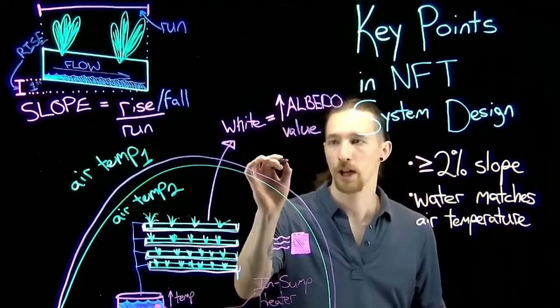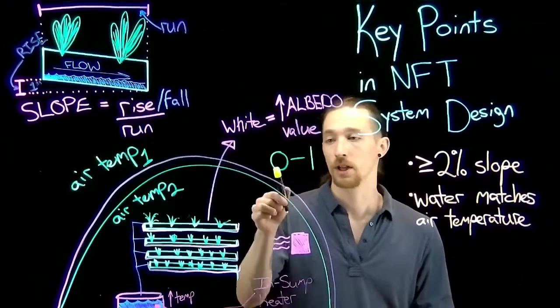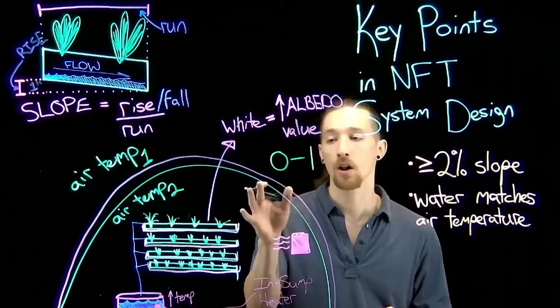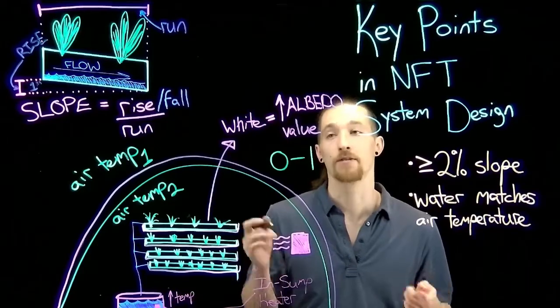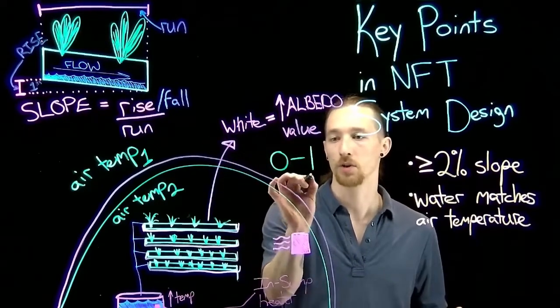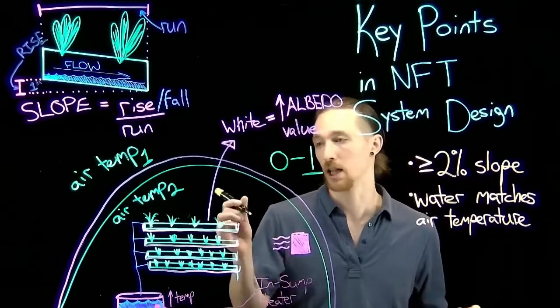Albedo ranges from 0 to 1, where 0 is a perfect substance that absorbs all incoming radiation and 1 is a perfect substance that reflects all incoming radiation. And so if we choose white, we're getting closer towards this 1 value and reflecting incoming radiation.